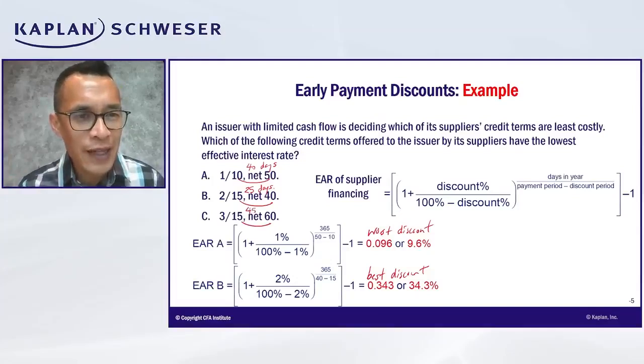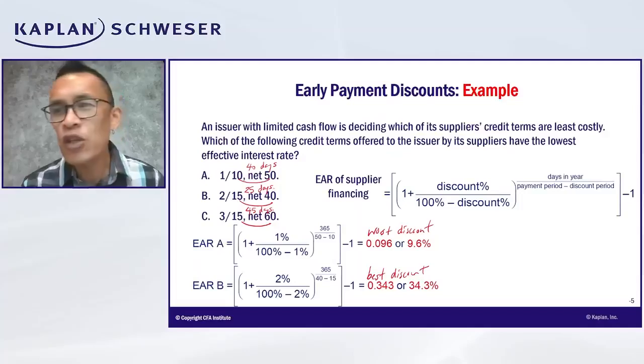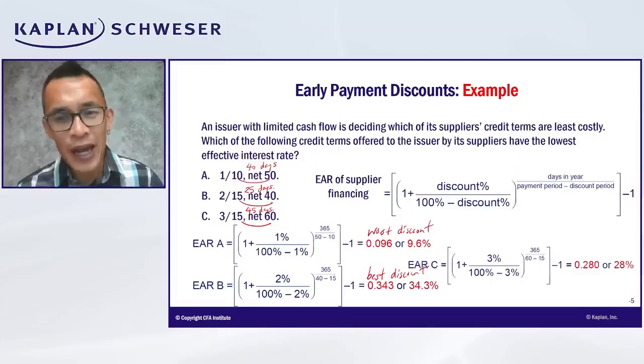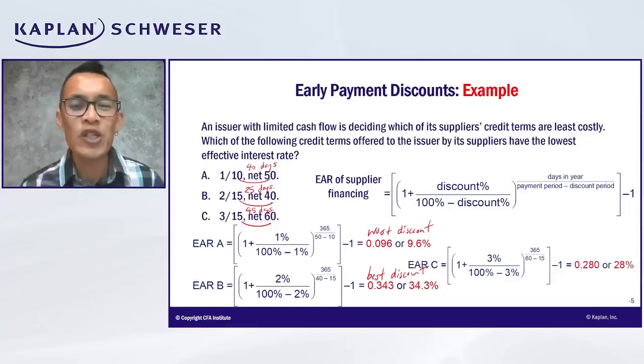This is 45 days, okay? So it's a 3% discount for making payment 45 days earlier. Now, it is clearly better than A, since it is 3 times the discount, but just a similar number of days of speeded up collections. If we do the calculation, it comes out to 28%. So, it's still a pretty good deal, not quite as good as B.